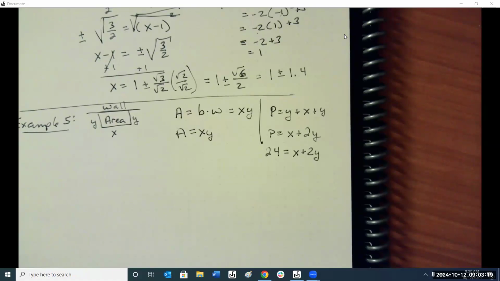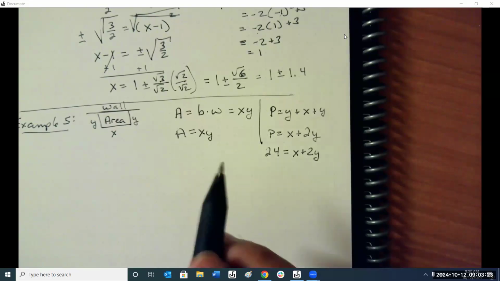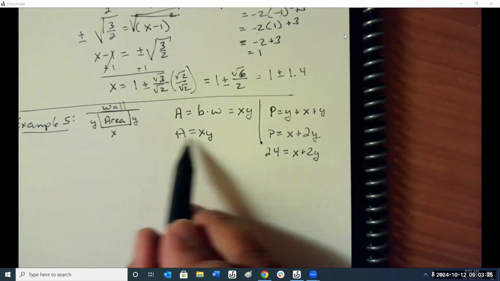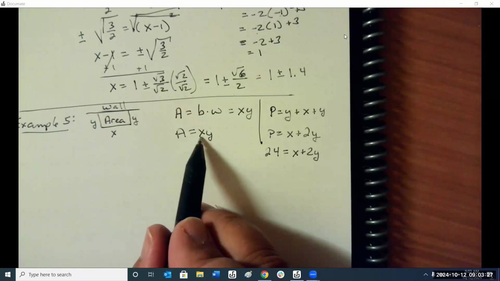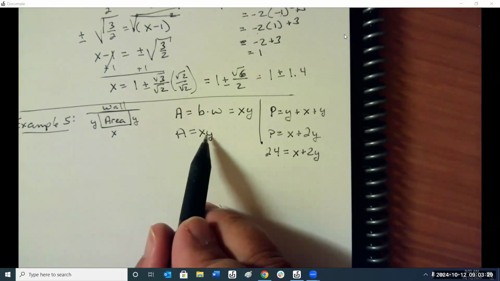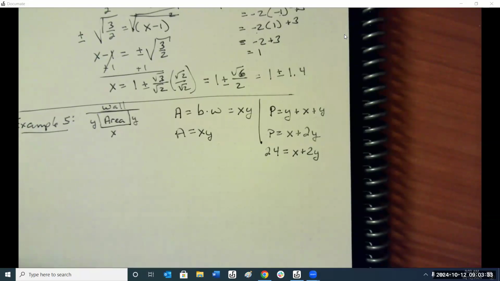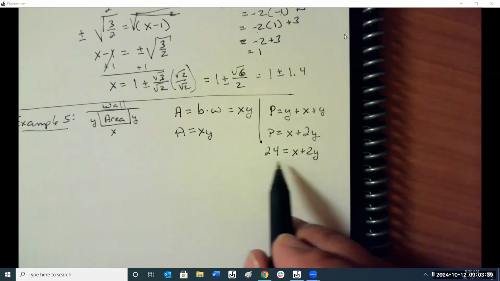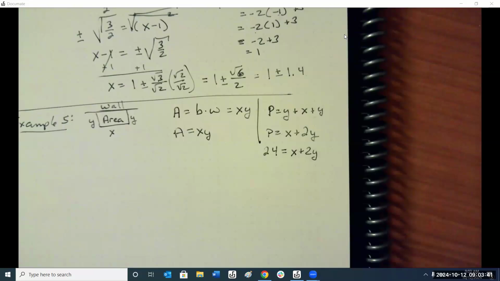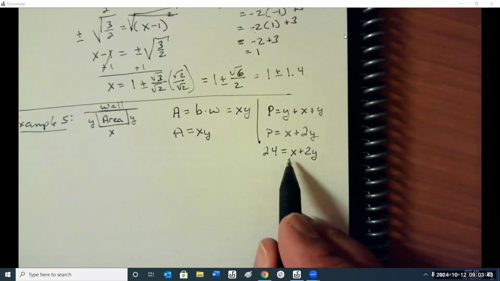All right, so now let's see how this relates to what we're trying to get to. We have an equation with two variables, and we have another one with two variables. We can only solve one equation with one variable. So first let's solve for x.